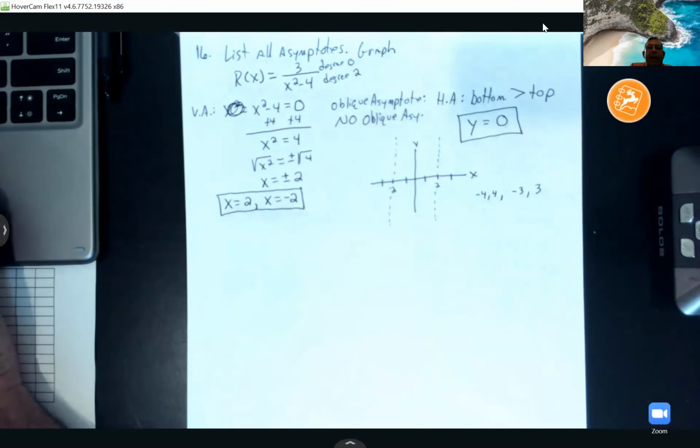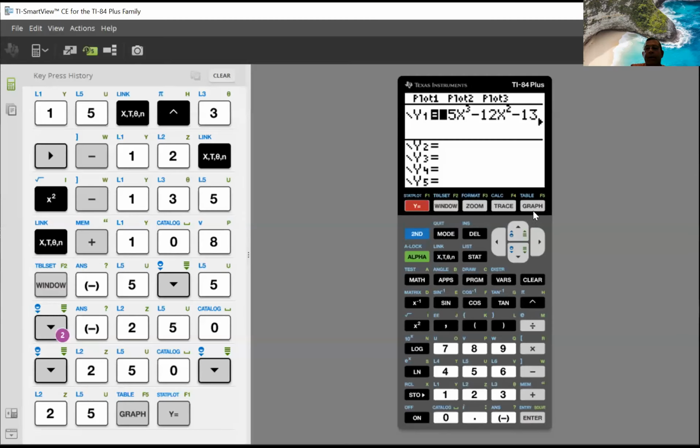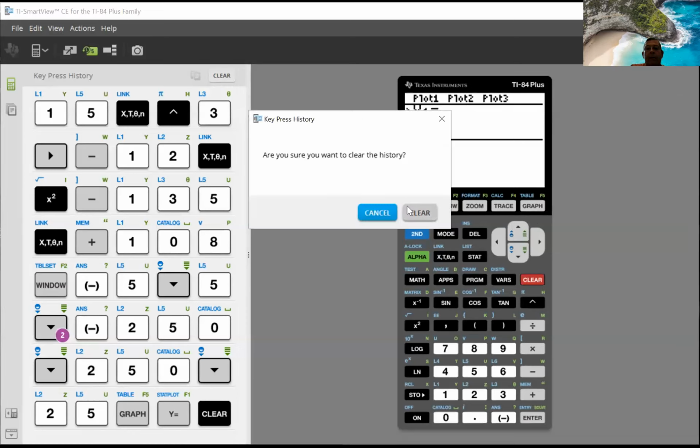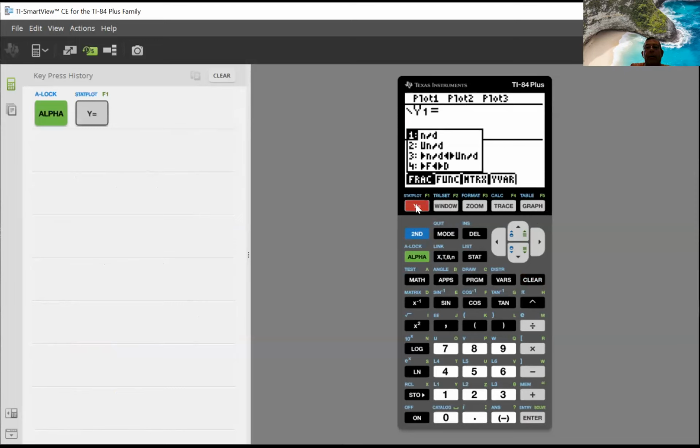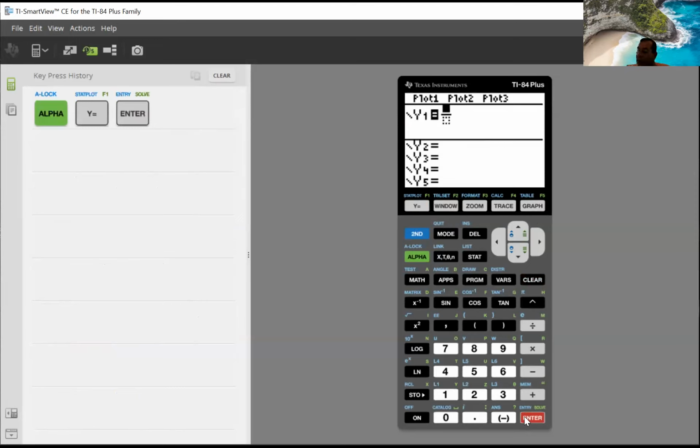So let's go to the calculator. I'm going to clear this off. So do you remember what I did to put this in as a fraction? Y'all remember I hit the alpha, the green button, and the y equals, and then I'm going to hit enter for n/d. So now on top, we had a 3.